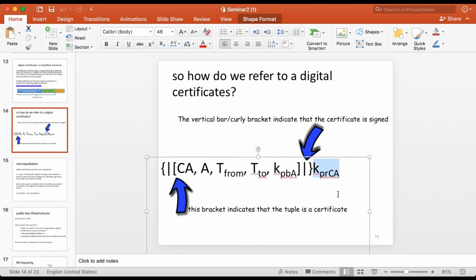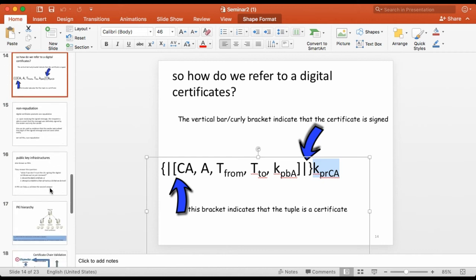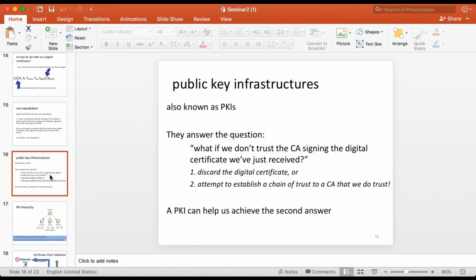And in order for you to do that, you need to be able to convince yourself that the public key that you're using to validate this signature is indeed the public key of the certification authority. So that raises another level for the problem, which poses this question: can we trust that the CA really owns its public key or not.